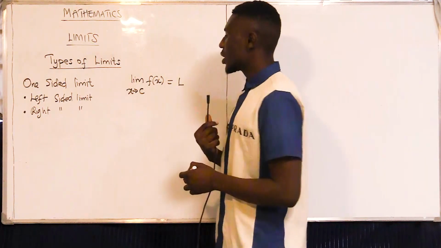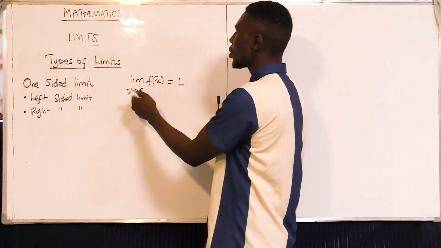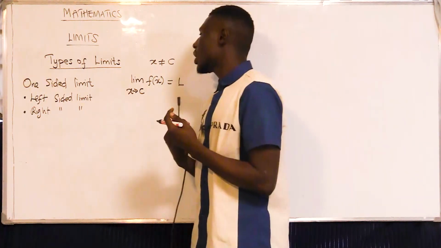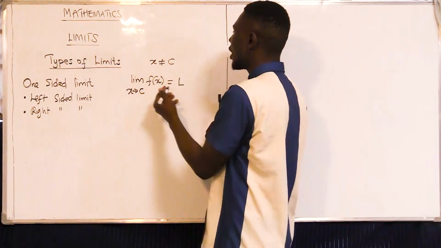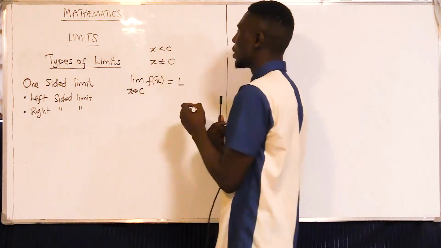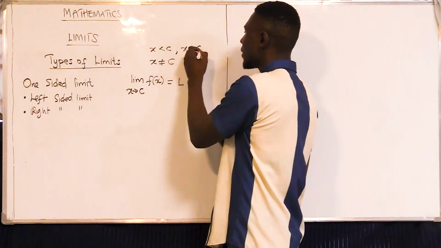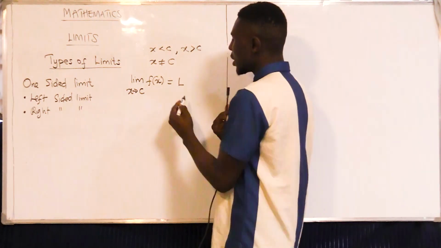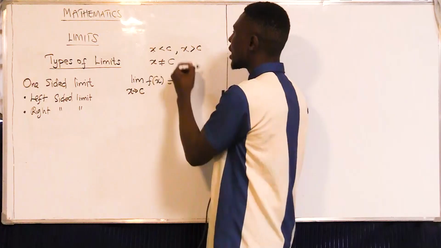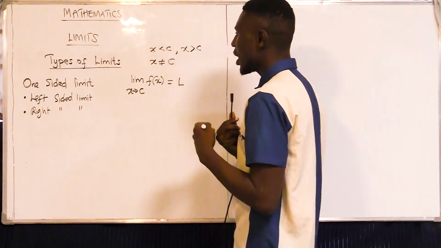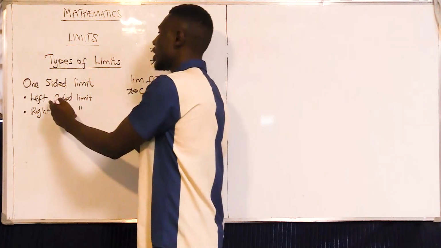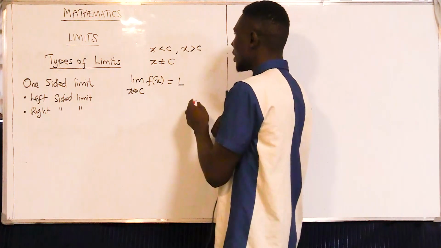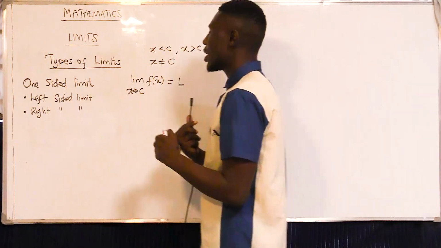Now in our introduction, we discussed that x is going close to c, but x can never be equal to c. x being close to c could be a value which is less than c, or x could be greater than c but close to c, meaning approaching c.